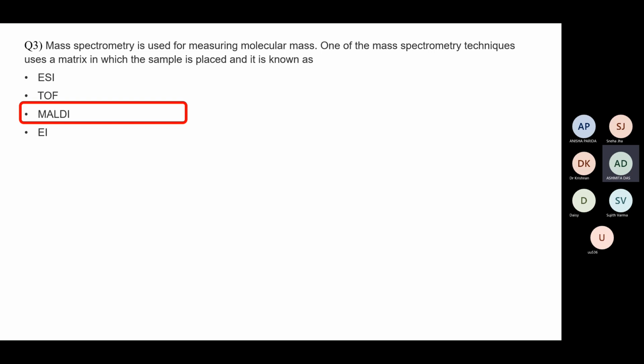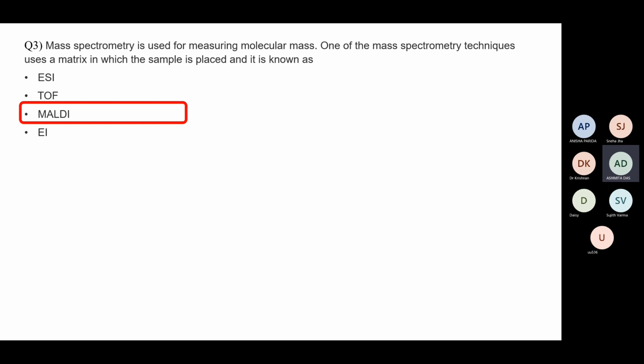MALDI, the laser desorption ionization, generates ions by ablation from a surface using a pulsed laser. In this process, samples are placed on a matrix or surface, and the matrix is crystallized with the sample.